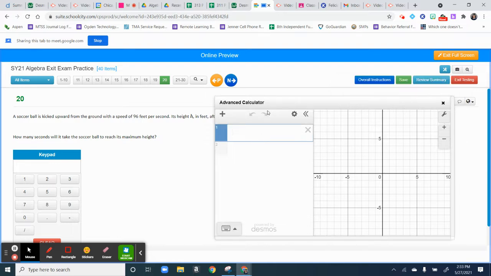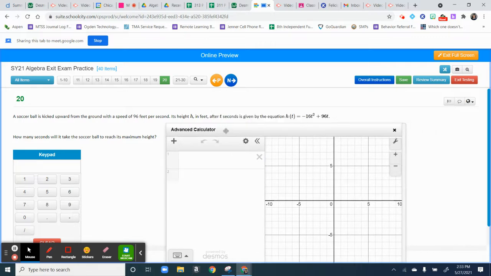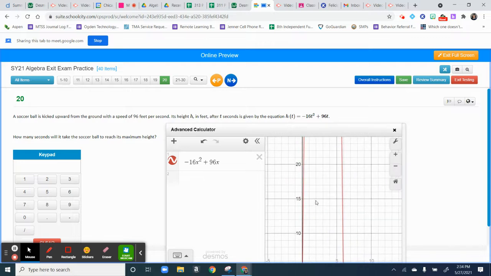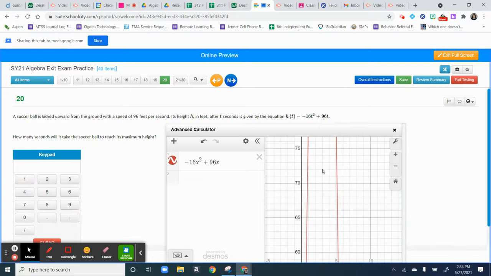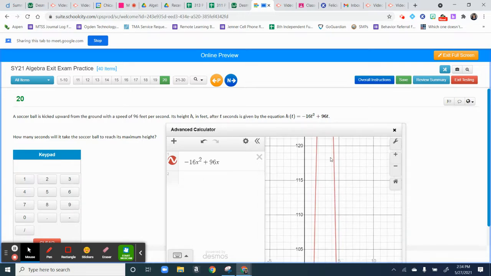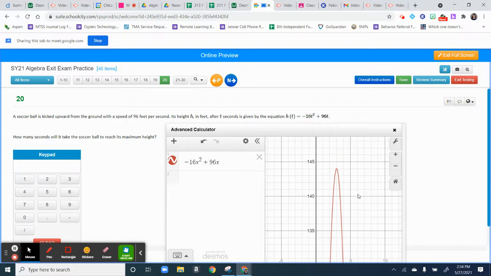And if the calculator pops up and you can't see what you need to see, you can move it. All right, and then we can move. If you click and hold and just move the screen, you can find the top of this function. And this point is (3, 144).